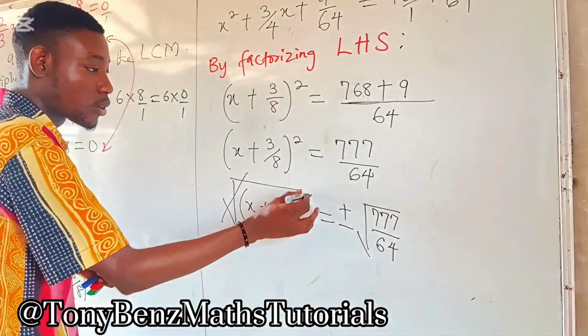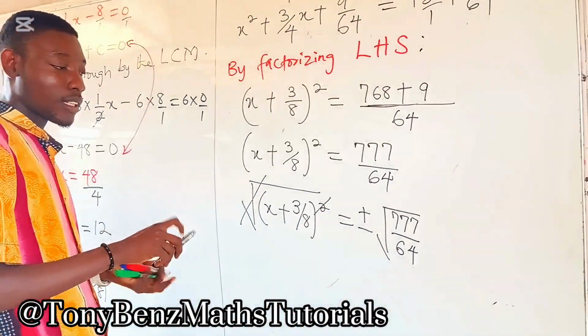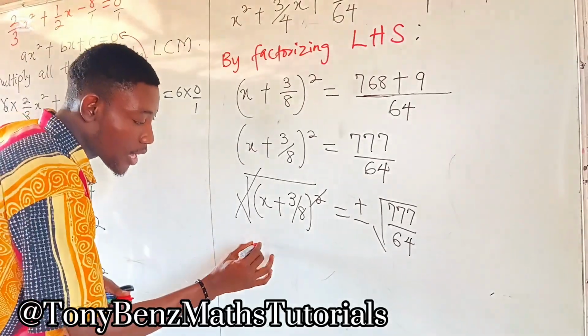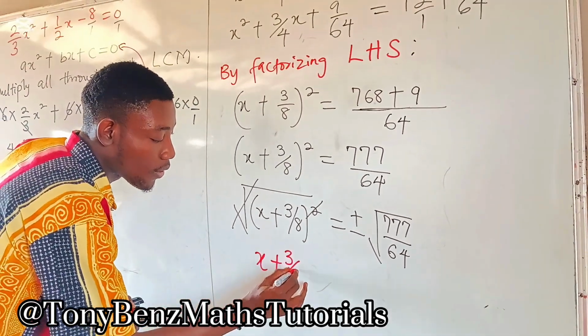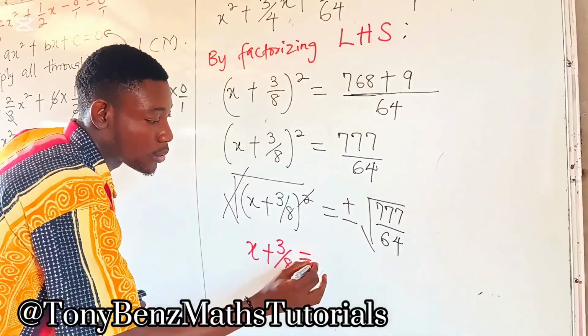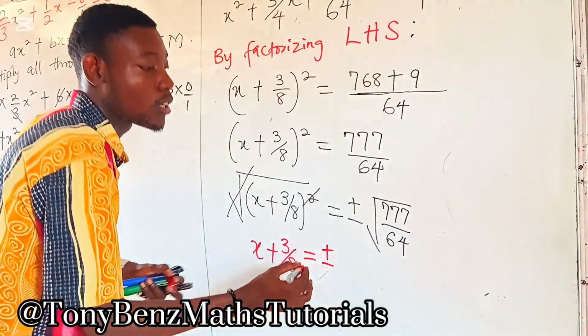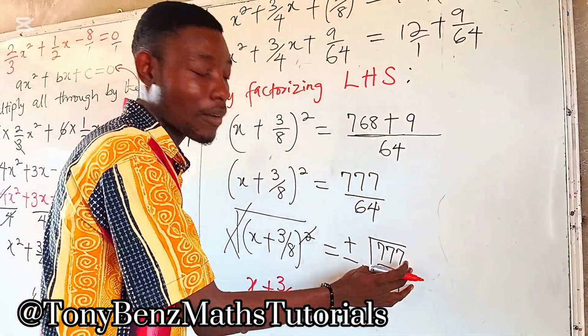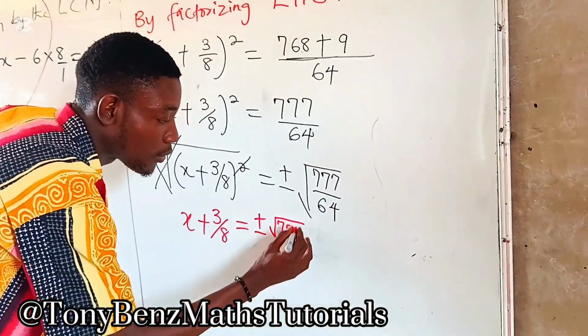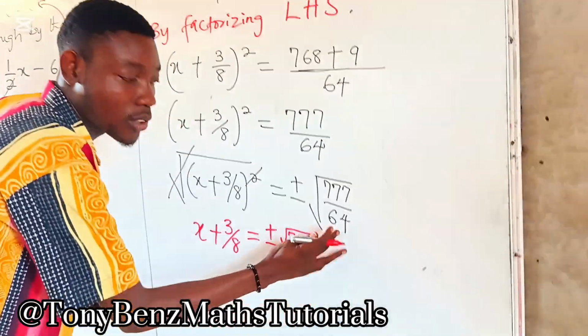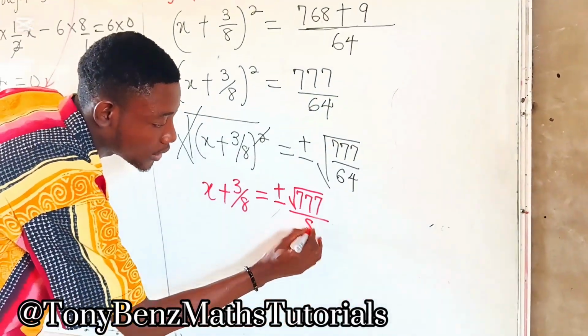The square root goes with the square. So we are going to have x plus 3 all over 8 is equal to plus or minus, 777 is not a perfect square, so we have square root of 777 all over square root of 64, which is 8.